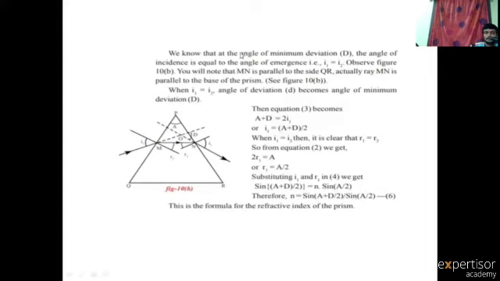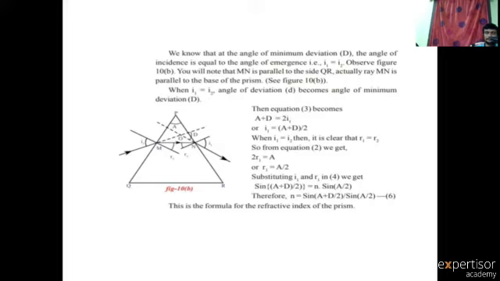We know that at minimum deviation, the angle of incidence is equal to the angle of emergence, I1 is equal to I2. So if the angle of incidence is equal to the angle of emergence, the deviation angle is converted into the minimum deviation angle.